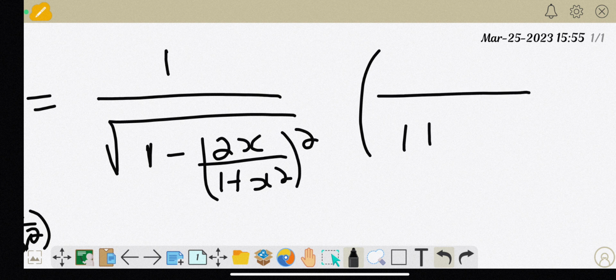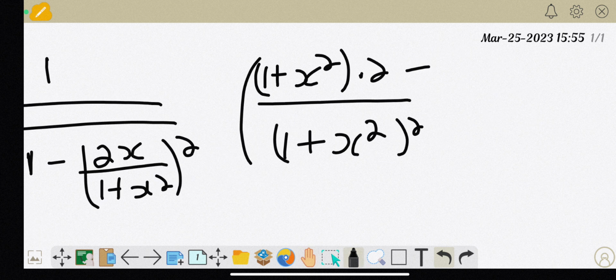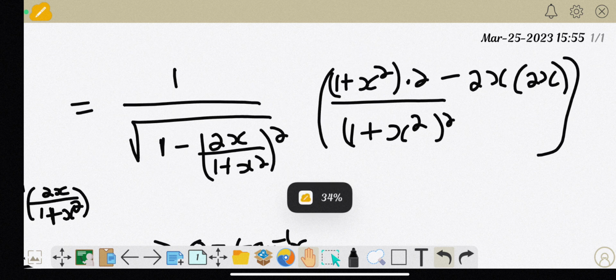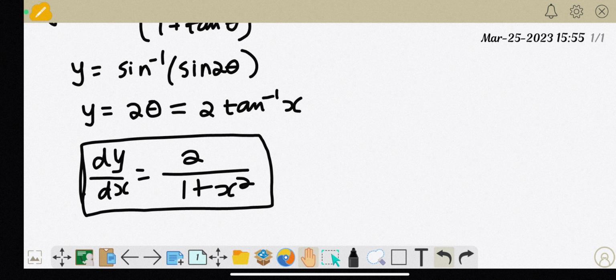Quotient rule says denominator square, second into differentiation of first, minus first into differentiation of second. So if you do it with this method also, you'll get the same answer. Okay, if you want to try, you can try it. So this is how you solve.